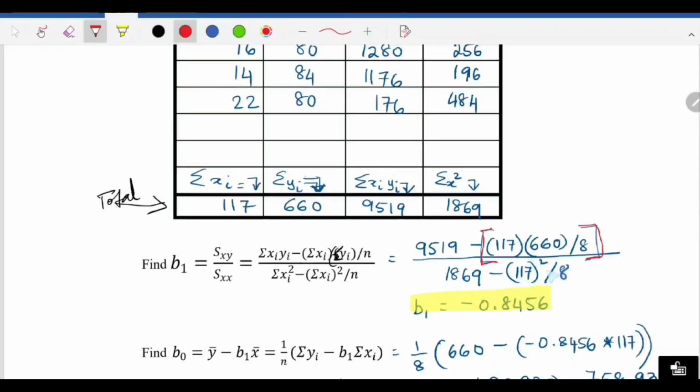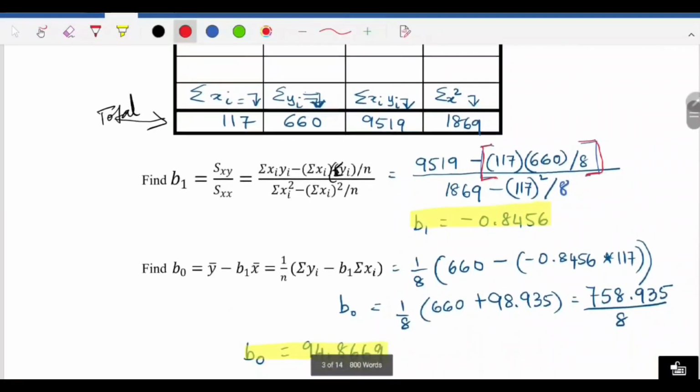And same thing over here, 117 squared divided by 8 should be calculated first, and that result should be subtracted from 1869. And when we do this calculation, we get a b sub 1 value of negative 0.8456, which matches with what we got using the defining formula.